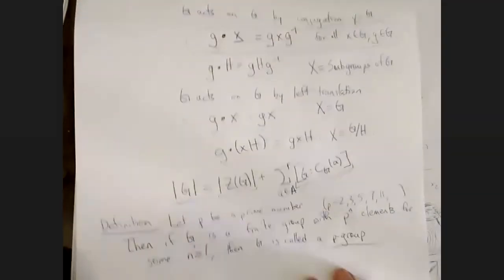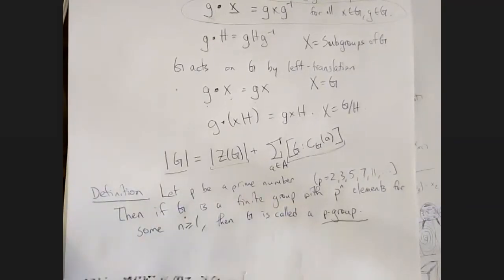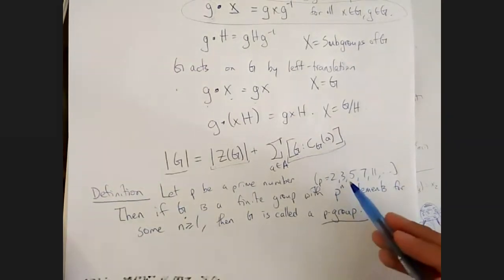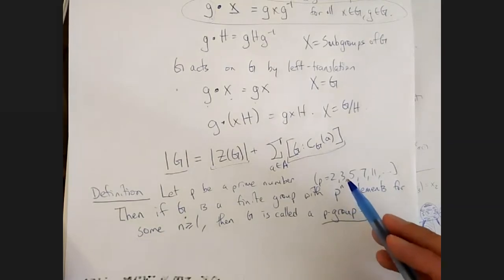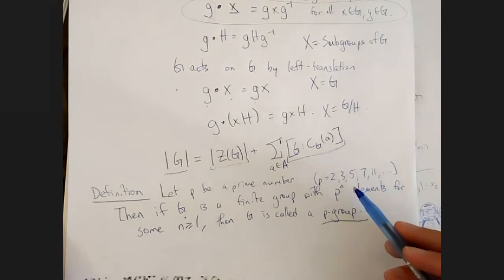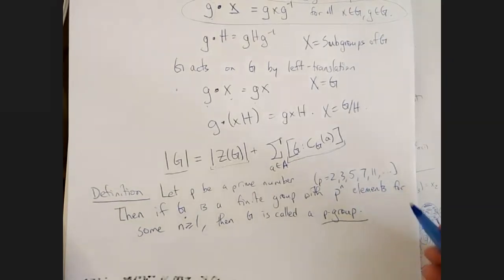Okay, so basically you take a prime number. If the number of elements of your group is a power of a prime number, then you call G a P group.